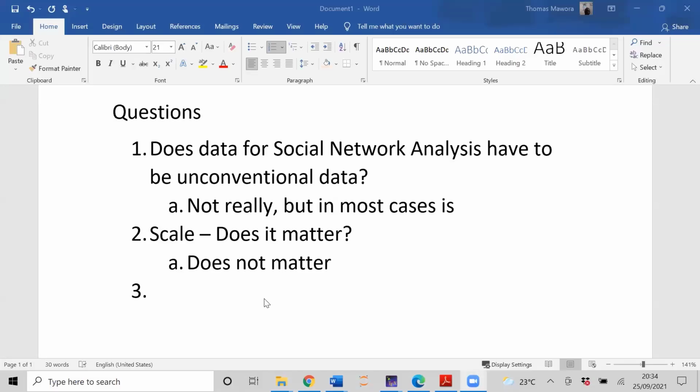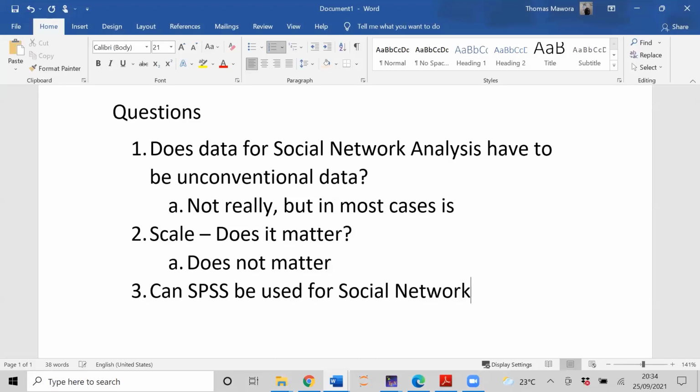For SPSS, I'm not very sure. This is because, in the development of statistical computing, people have developed packages in Python and in R that can actually do social network analysis.